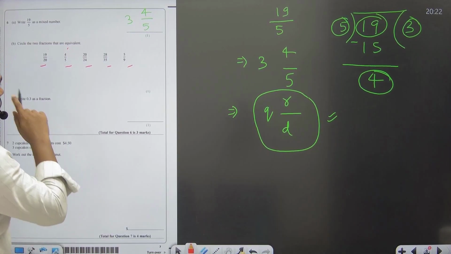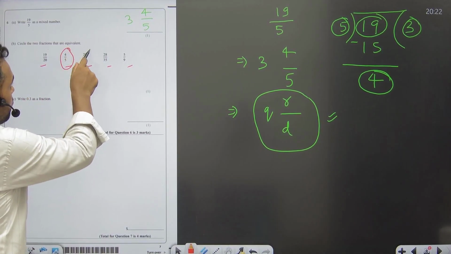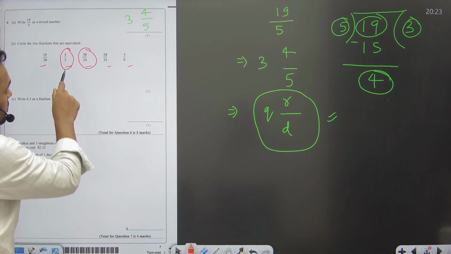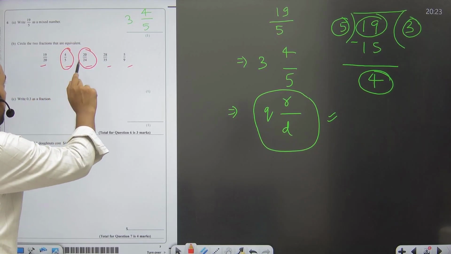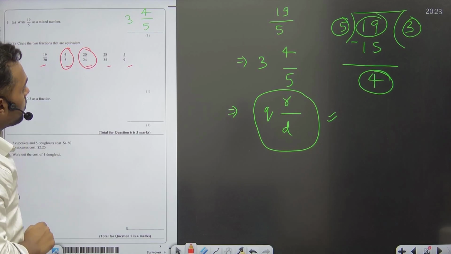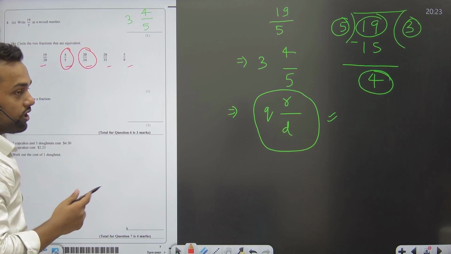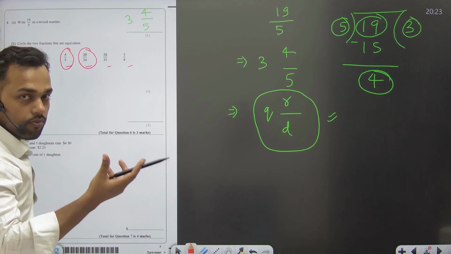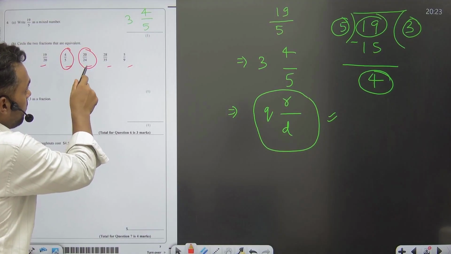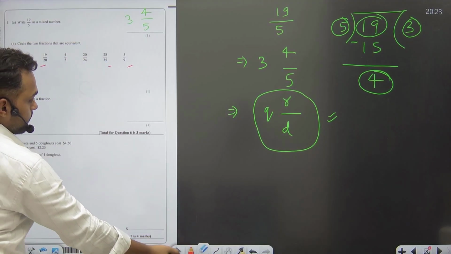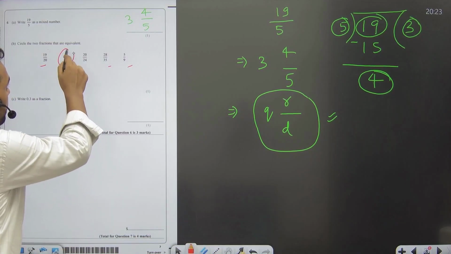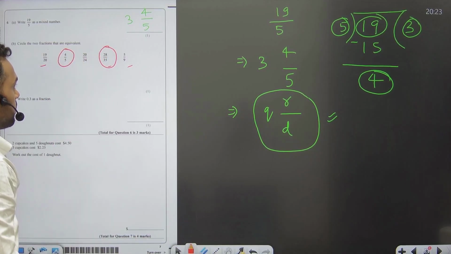Now if I take 4 by 5 and 20 by 24, the denominator in 4 by 5 is 5 and the denominator in 20 by 24 is 24. We can't take this because it will not be an equivalent fraction. Now let's take 4 by 5 and 28 by 35.